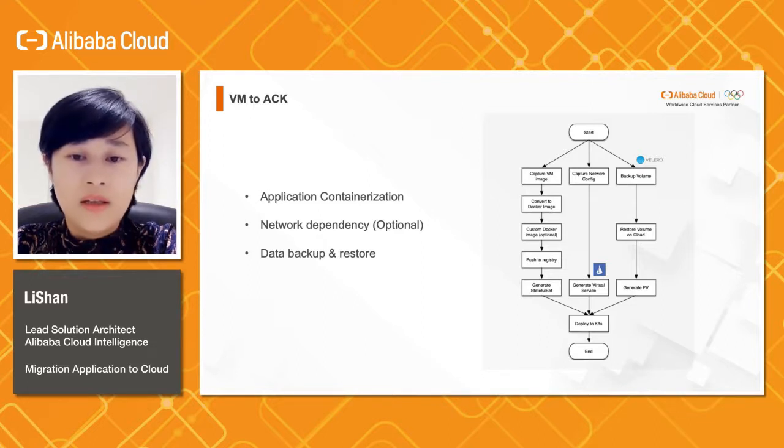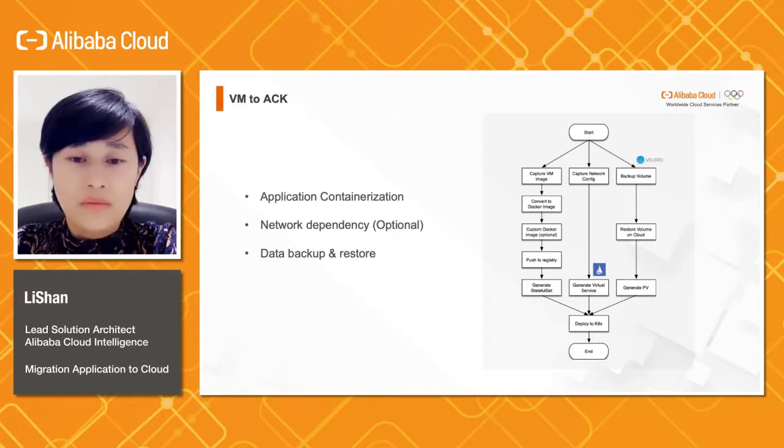If your application is running on a VM, firstly you need to containerize your application. You can do it by capturing the VM image and converting it to a Docker image. If you want to change the Docker image, you could update the Dockerfile and build a new Docker image, and then push it to the Container Registry.